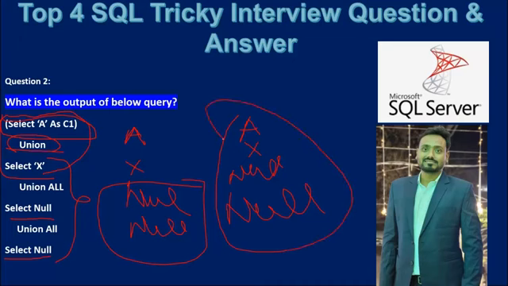So it returns all these 4 rows. This is the catch, because we are using union here, and the interviewer wants to know whether it will return 3 rows, A, X, null, or 4 rows, A, X, null 2 times. As I told you, it will return null 2 times, as it starts executing from the top.